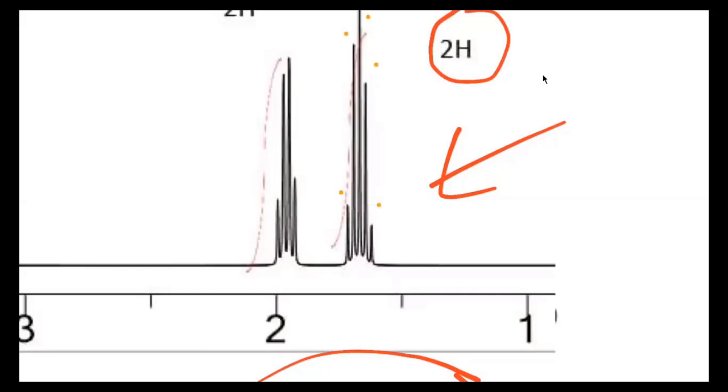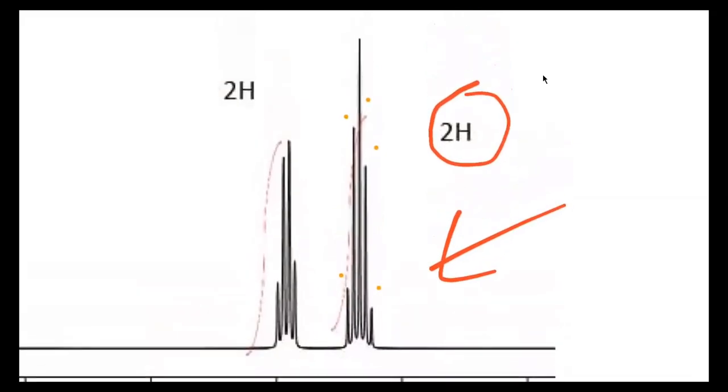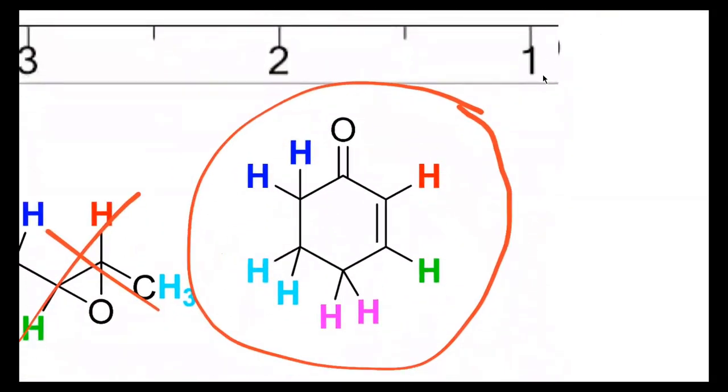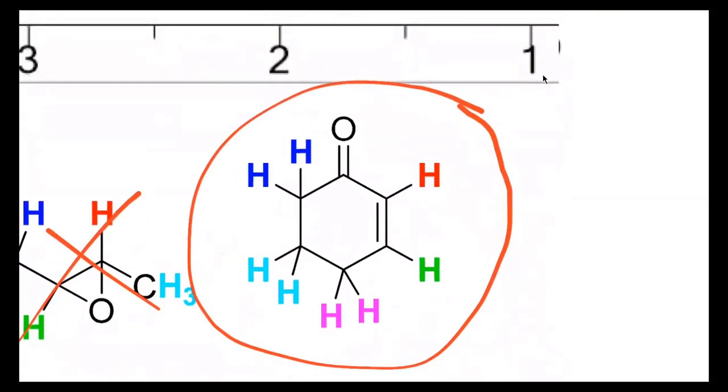And so if you know it's a pentet, what does that mean? It means that the number of neighbors is what? 4. N equals 4, N plus 1 equals 5. So let's go down to the structure and see if we can figure out which one has 4 neighbors. What do you think? So look at all the protons. You said the purple ones? The turquoise, the light blue.